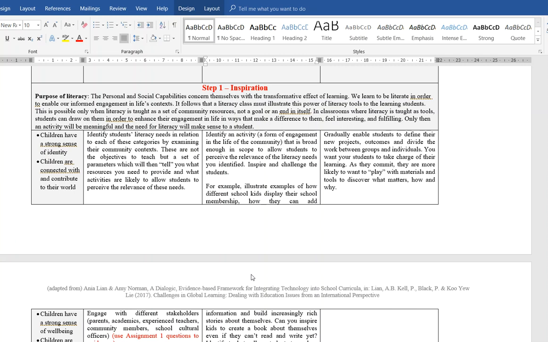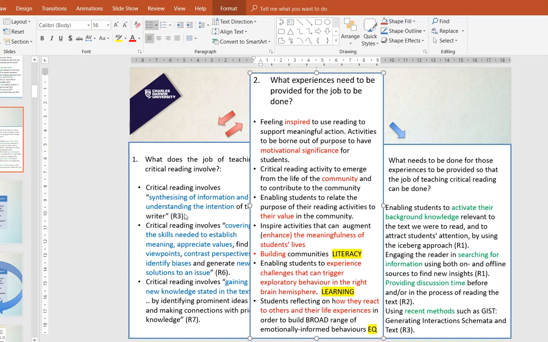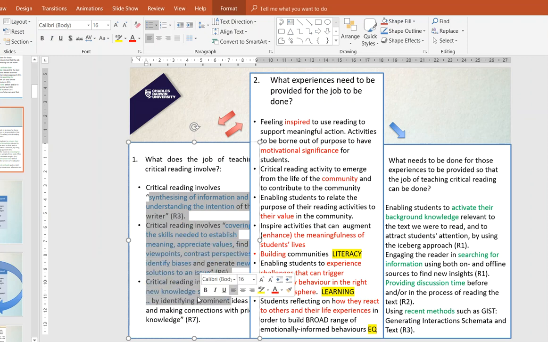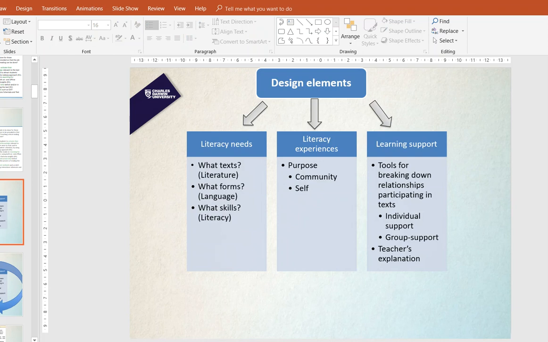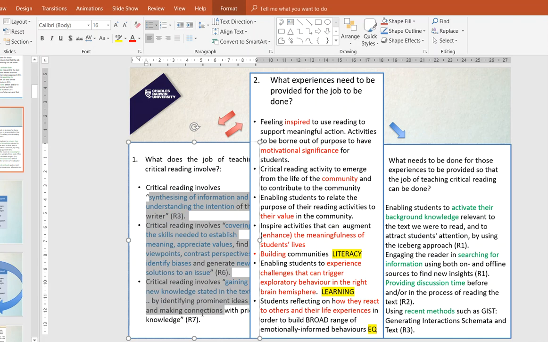But once you have done all this consultation, what do you do with it? Well, I strongly suggest that once you have done the consultation, you actually map the needs of the activity. The needs of the activity in terms of the relevant curriculum content, right?